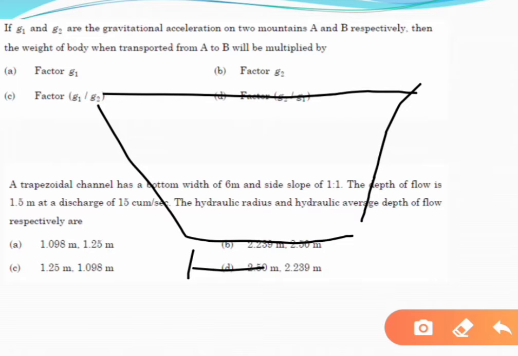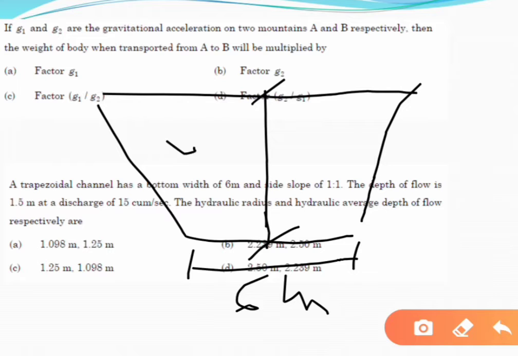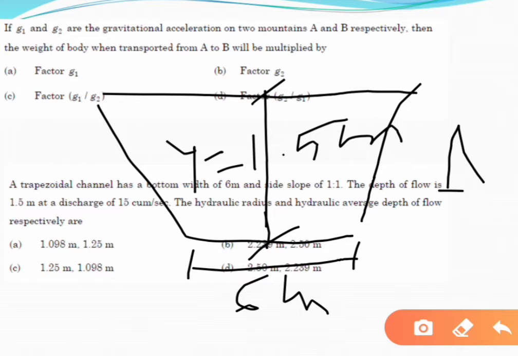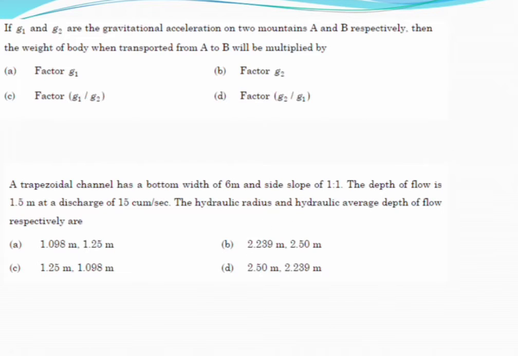So this dimension is 6 meter, and the depth of flow, that is y equals 1.5 meter, is given. Now the side slope is given, which is one horizontal and one vertical. So we need to evaluate the hydraulic radius and hydraulic depth.